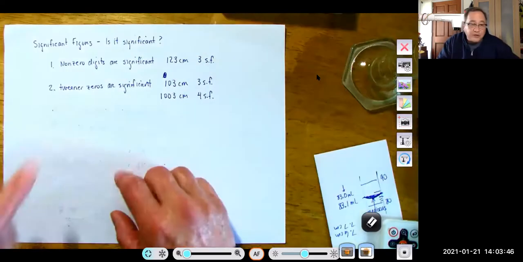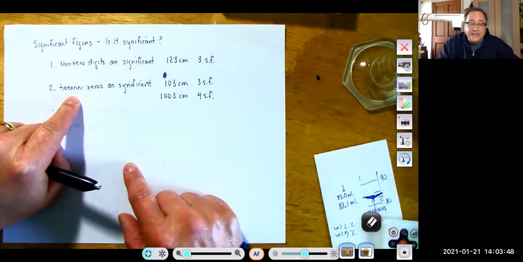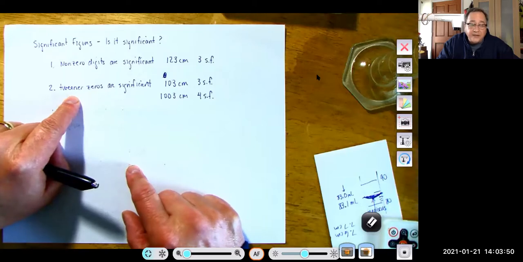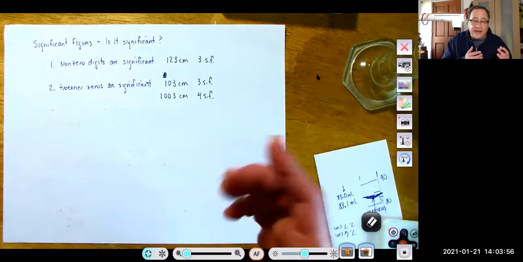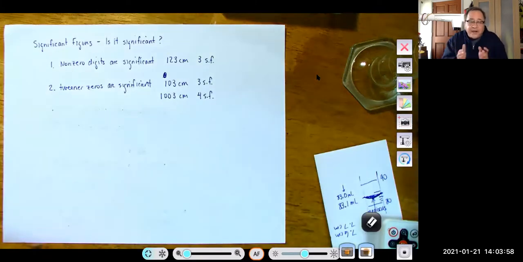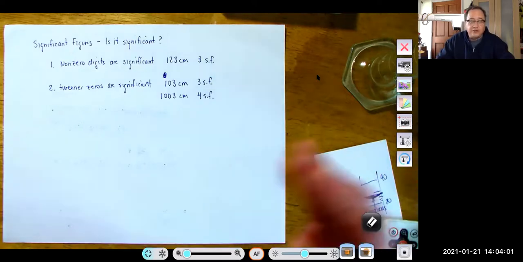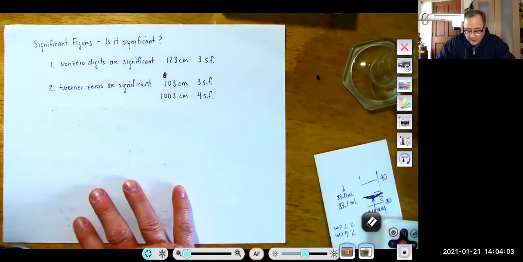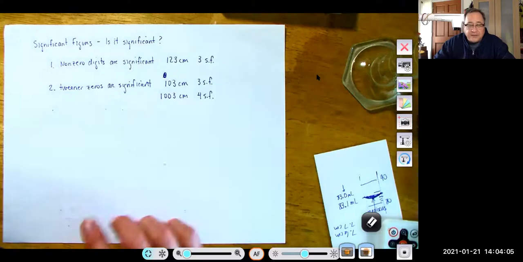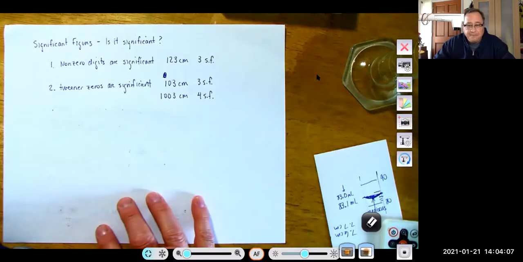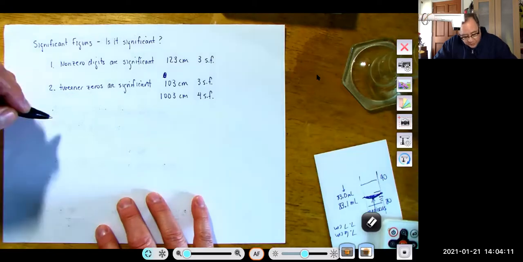So what's a tweener zero? It's a zero that is in between two digits that are not zero. And the zero does not have to be next to a non-zero. It just has to be somewhere in between two non-zeros. If you're okay with this one, give me a thumbs up.